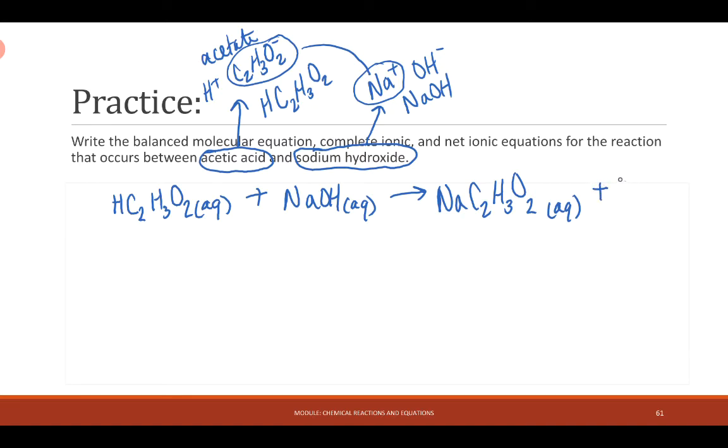And then my other product will be water, because an acid plus base always equals salt and water. So that's my molecular equation.